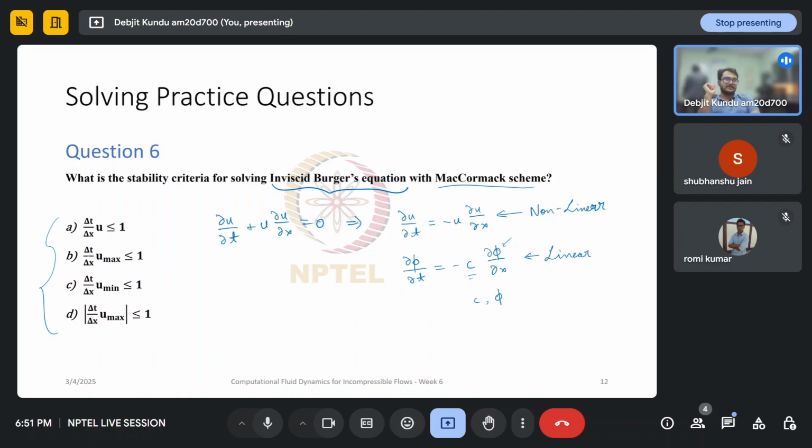Option B says delta t over delta x multiplied by u max should be less than or equal to 1, u max meaning the maximum value of u in a given domain. Then option C says that delta t over delta x multiplied by u min, that is the lowest value of u, should be less than 1. Or is it option D, that is delta t over delta x into u max, and the mod of this whole thing should be less than or equal to 1?